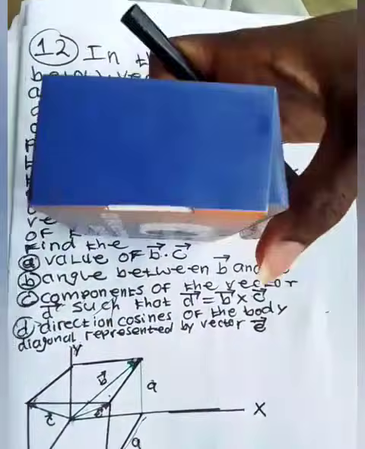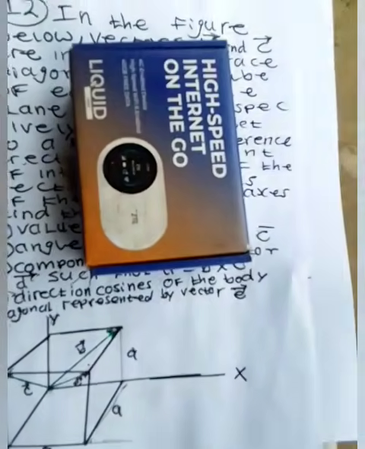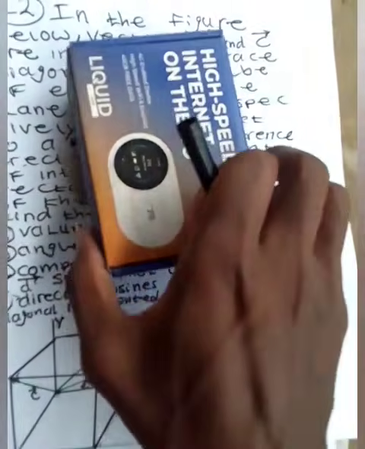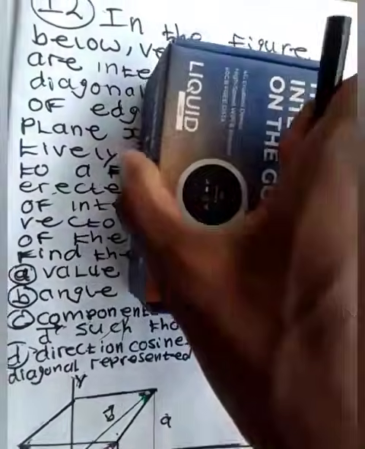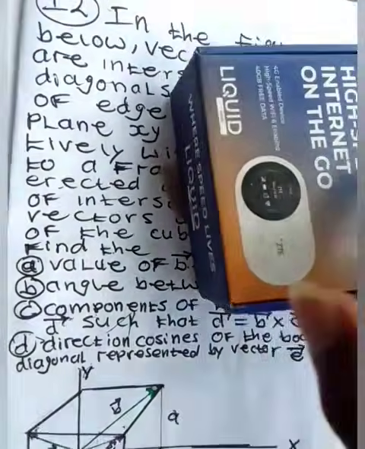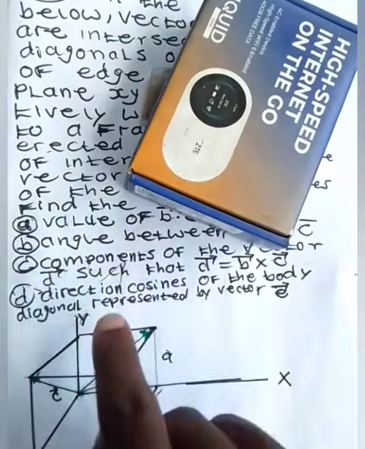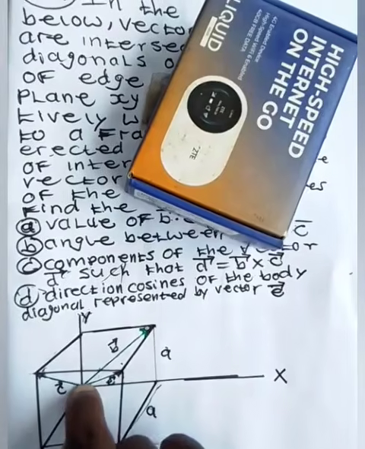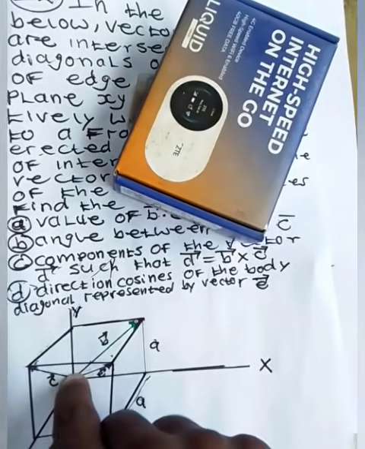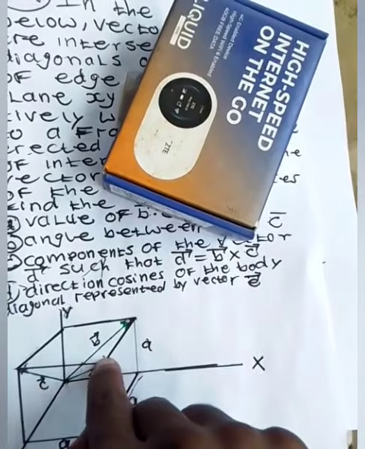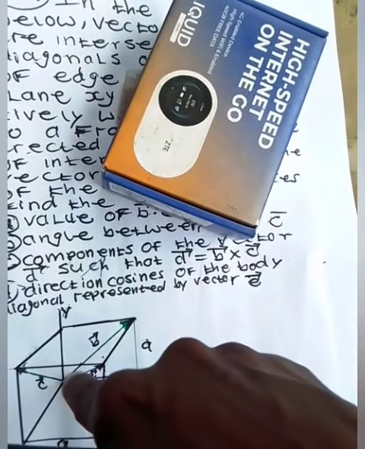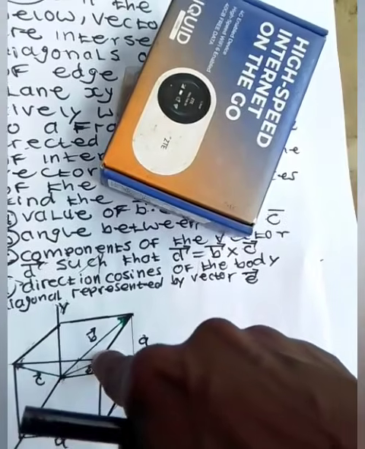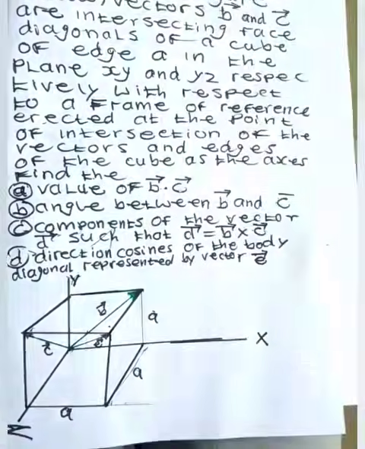Now on the face on that other side, vector C is simply from this edge here to this point. Vector E is from that edge here to this edge here. So this edge is for the face on that other side, to the edge which is here, the upper edge on this side. If you see it like this, it will be easy for you. And don't forget the axis as well.